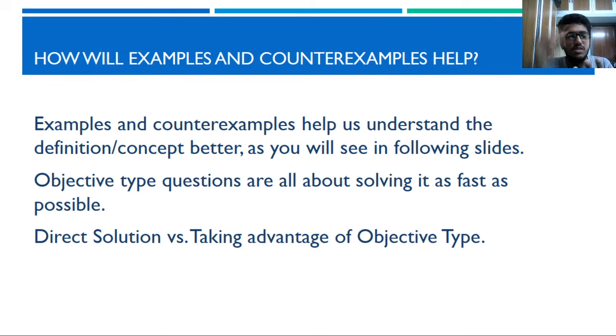Your job is in selecting those which are true or rejecting those which are wrong. And in the exam, you're going to be tested on how fast you can do it. It's about how fast you can select those which are true, or how fast you can select those which are false. So sometimes you can directly solve it from the facts given in the question, or sometimes you can take advantage of the fact that it's objective type.